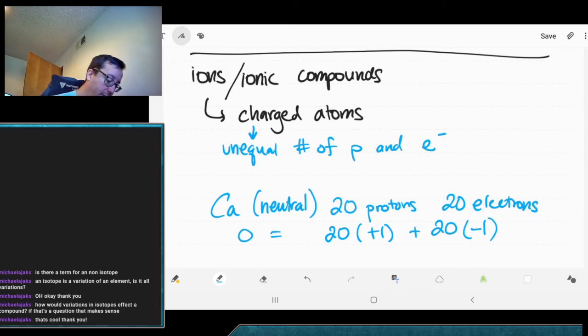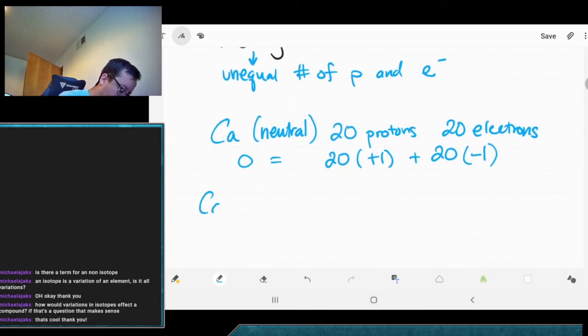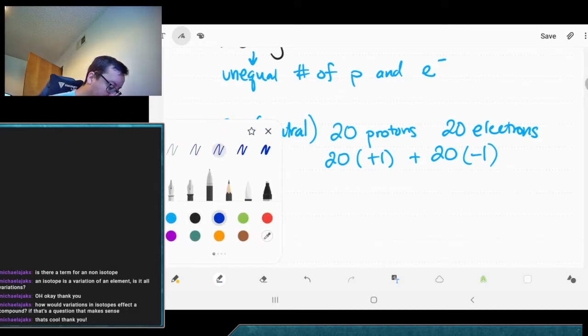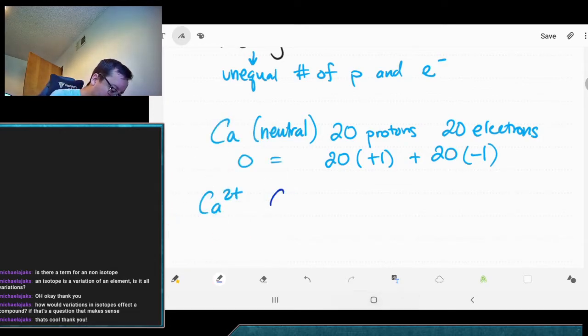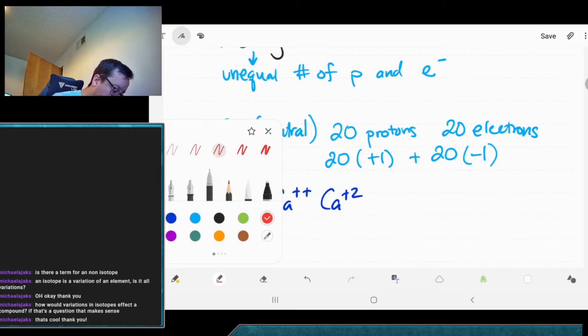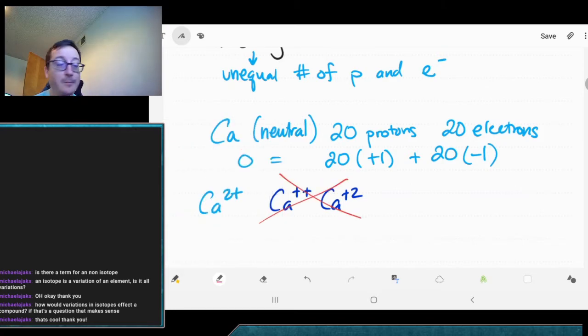However, very often, we see that calcium likes to take the charge of +2, which as chemists we write as 2+. In biology or other things, sometimes you see these other notations. No, we don't do that here.